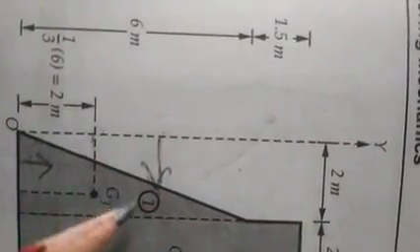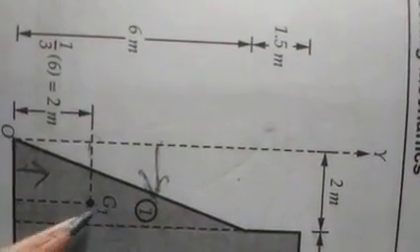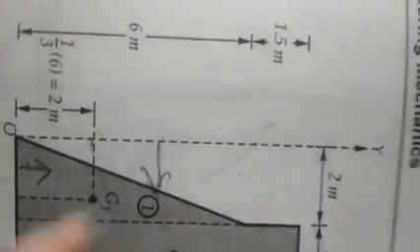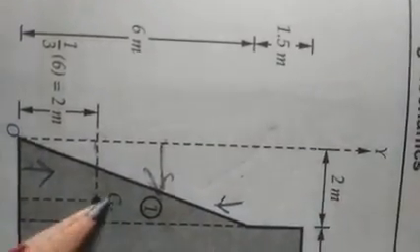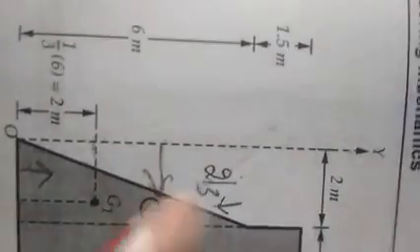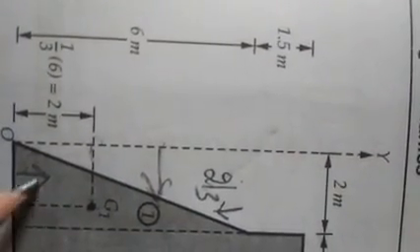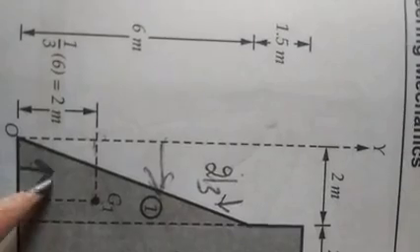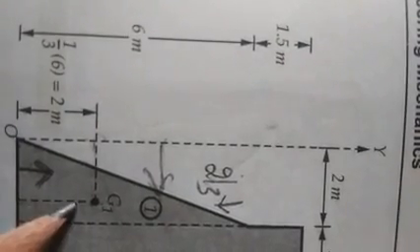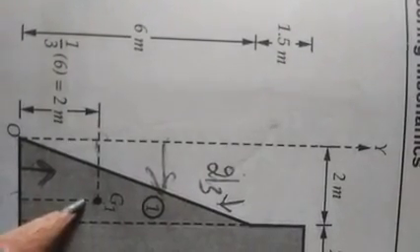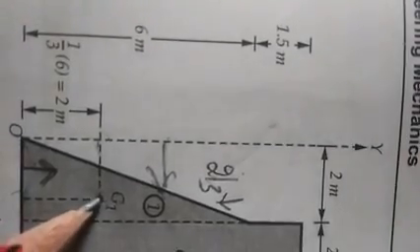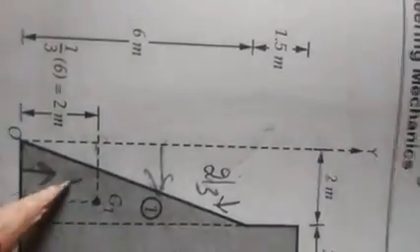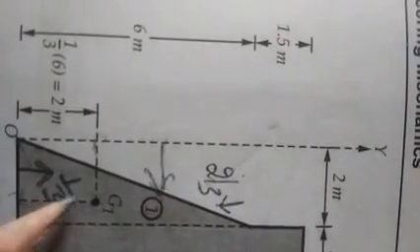In this first area, the origin will be located here. If you come from this end, the centroid will be located at 2/3. If you come from this reference axis at the bottom, the centroid will be located at 1/3 of its distance.